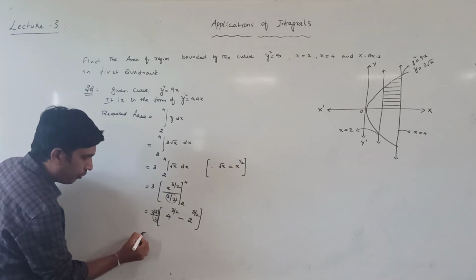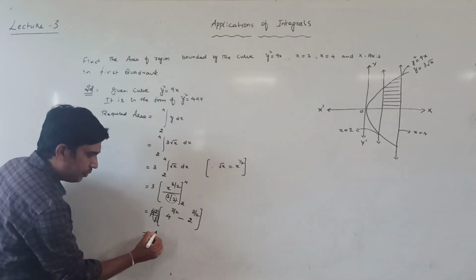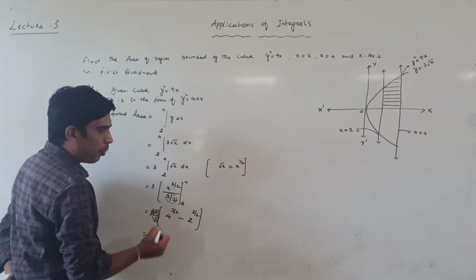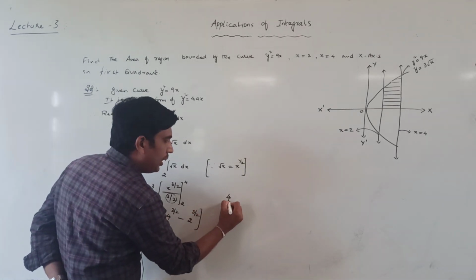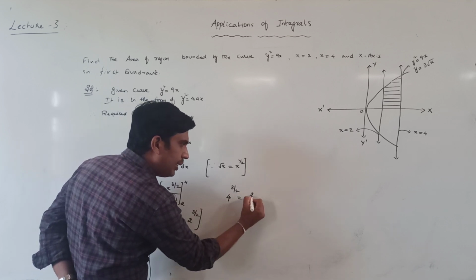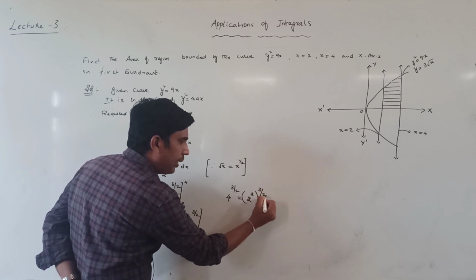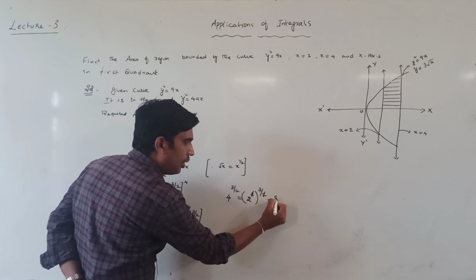So therefore we'll get here 3 get cancelled, 2 remain here, bracket 4 power 3 by 2. See here 4 power 3 by 2, how to write? Nothing but 4 can be written as 2 square whole power 3 by 2. This 2 cancel, what will we get?